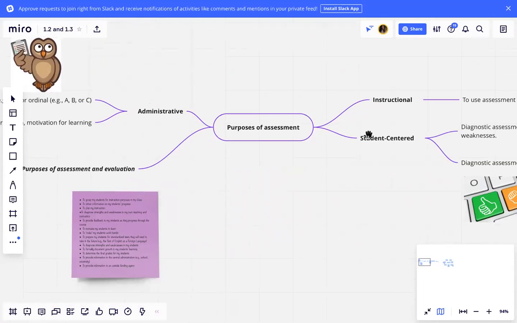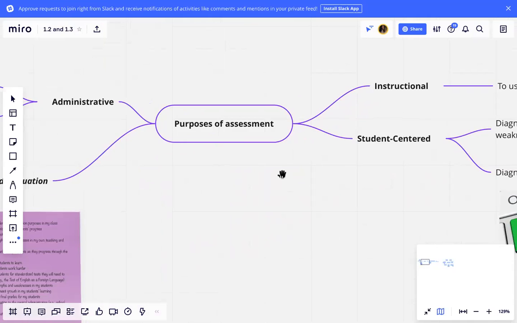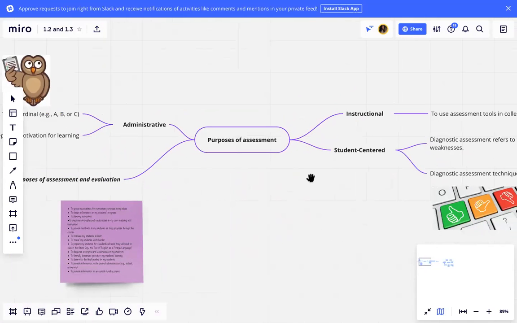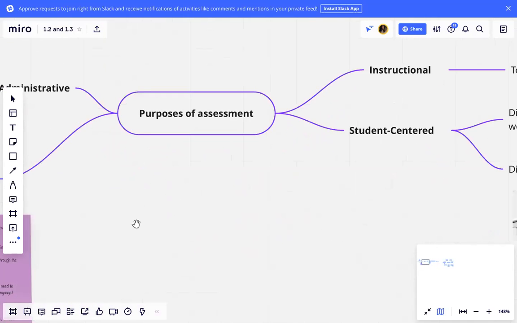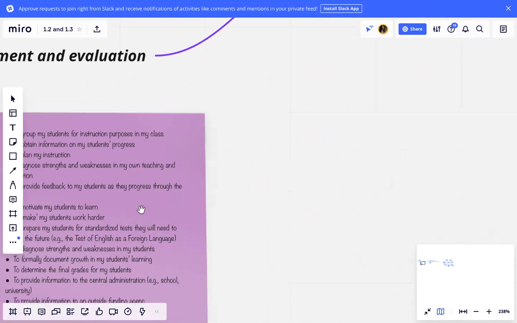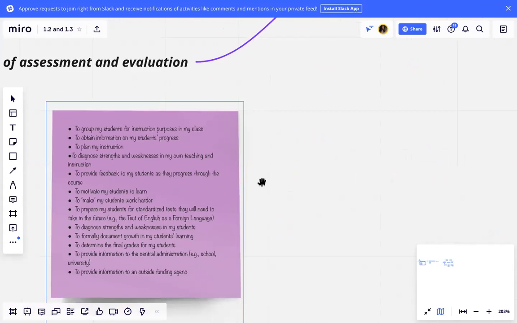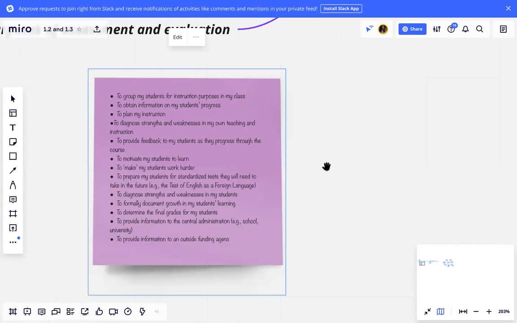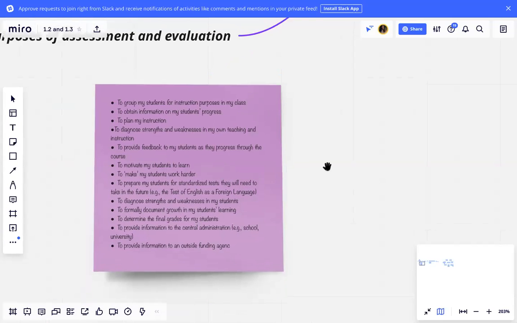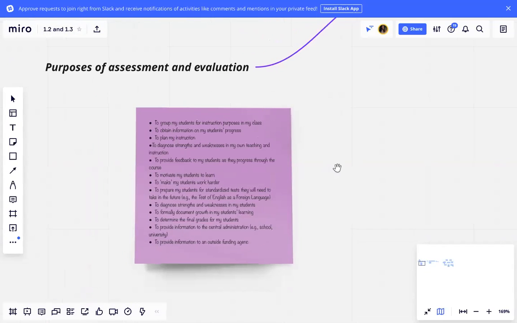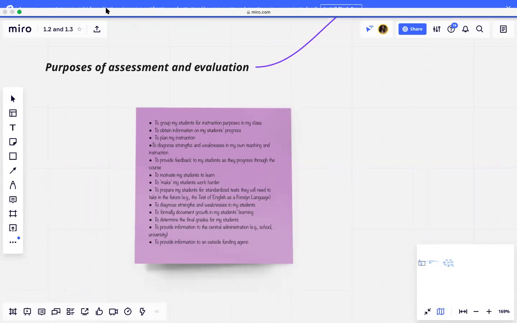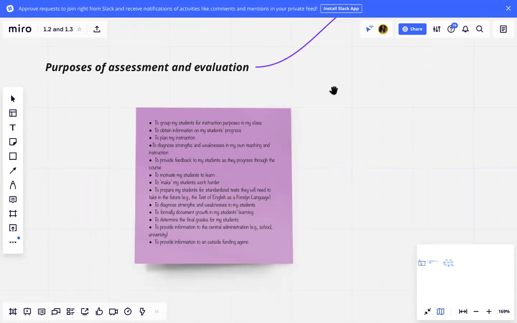About 1.2, purposes of assessment. Let me just inform the students something about this. This material that Gabby has just presented to you is on page 7, and 7, 8, 9 in the book, in the PDF, Assessment in the Language Classroom.